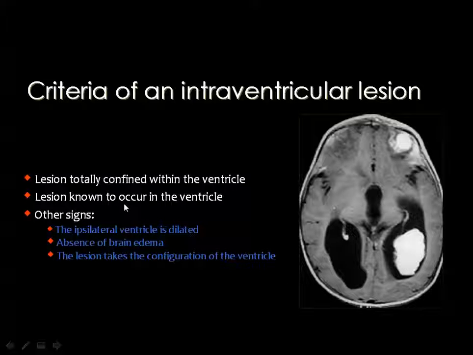Then if you see a lesion that is known to occur inside the ventricle, like the colloid cyst, which occurs in the anterior part of the third ventricle, then other signs include that the ipsilateral ventricle, on the same side of the lesion, is usually dilated, and there is usually no evidence of brain edema because the lesion is usually isolated from the brain parenchyma by the wall of the ventricle.